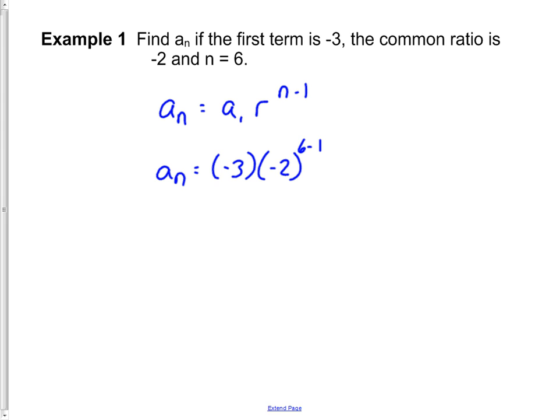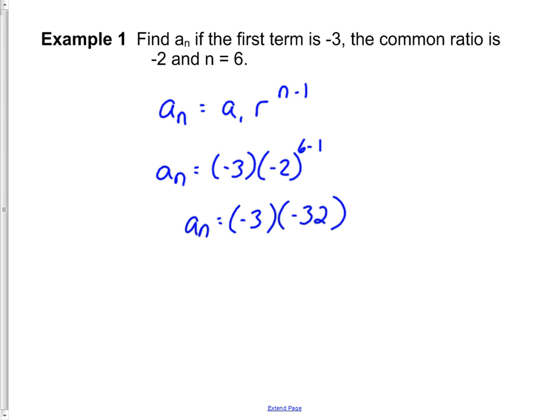So if I'm going through and evaluating, a sub n is going to equal negative 3 times negative 2 to the 5th power. Well, negative 2 to the 5th power is negative 2 times negative 2 times negative 2 times negative 2 times negative 2. That'll be negative 32.